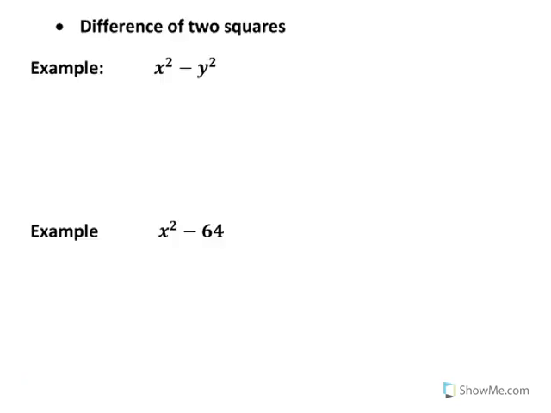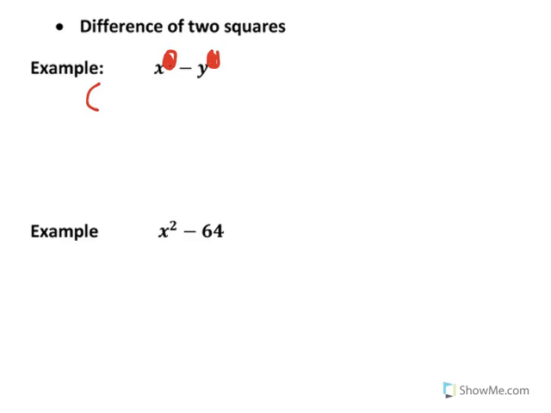As a reminder on the difference of two squares, if you are given a problem like x squared minus y squared, pretend you don't see these squares, but that's the name we're taking it from, the difference of two squares. If you pretend you don't see these squares, what you are seeing is x minus y.